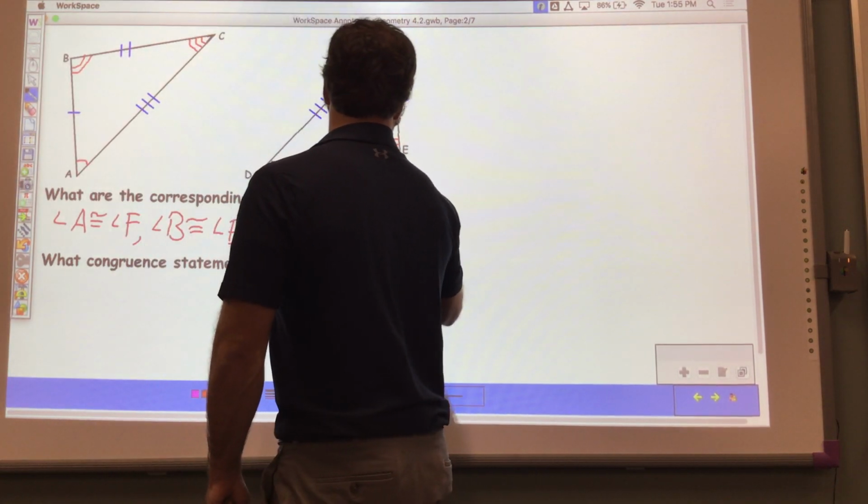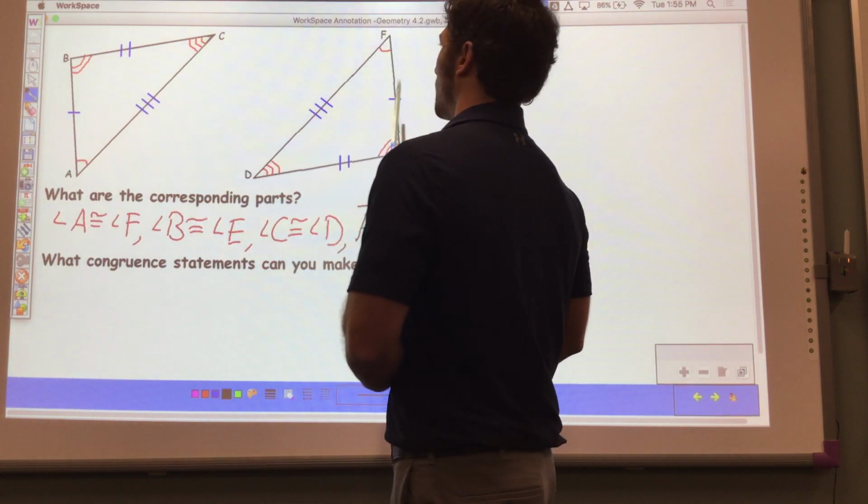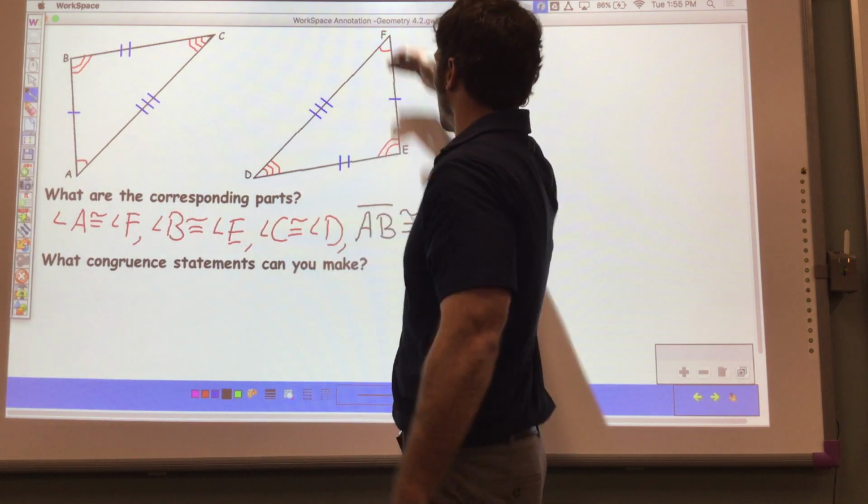So AB is congruent to, well, we got one dash and one dash. AB, so one arc to two arcs, so we're going to go FE.